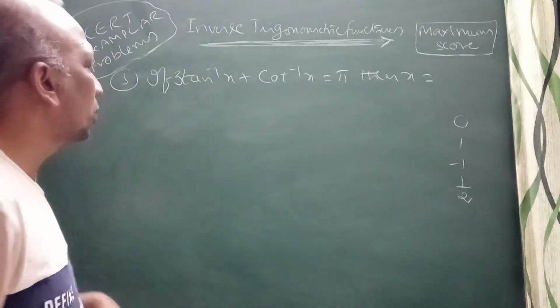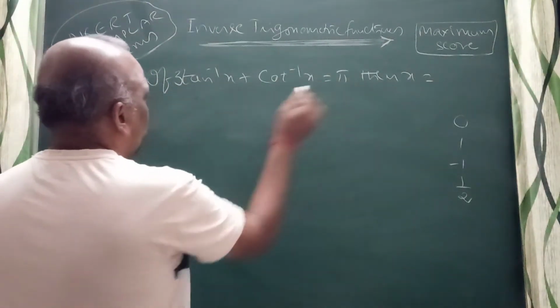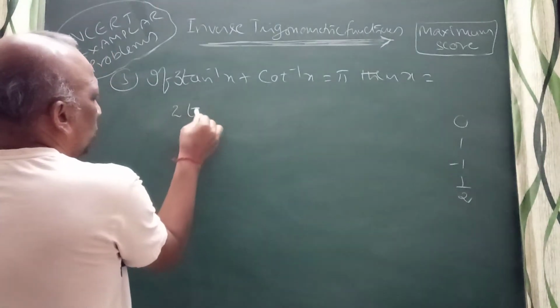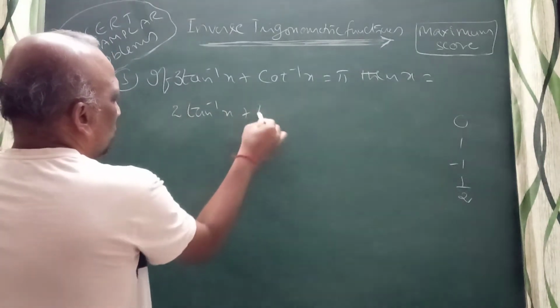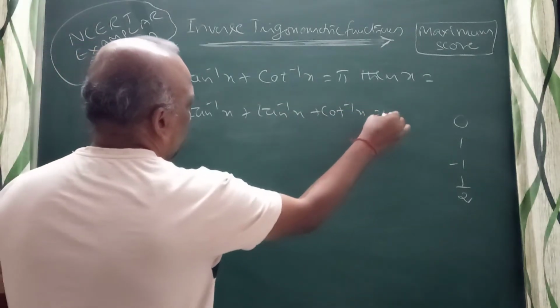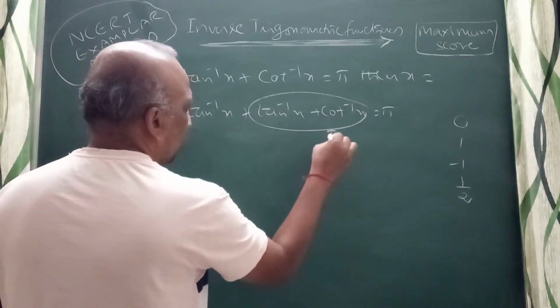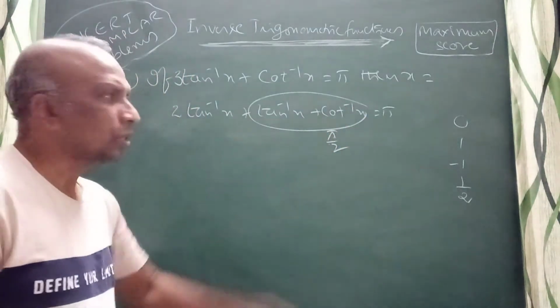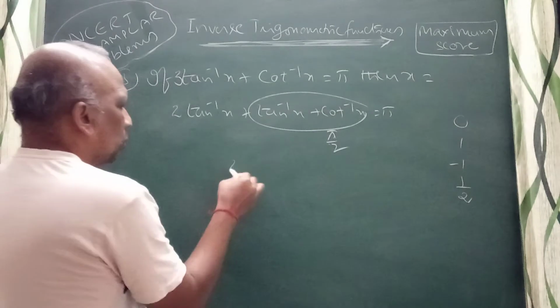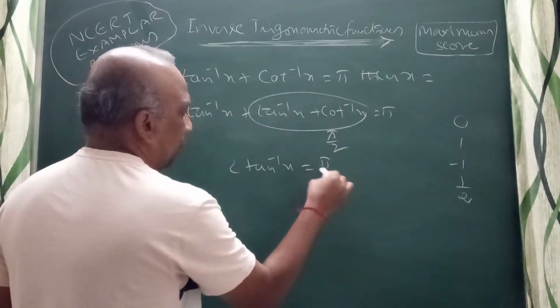To solve this one, I can write 3 tan inverse x plus cot inverse x is equal to pi. I can write this as 2 tan inverse x plus tan inverse x plus cot inverse x is equal to pi. But we know this sum is pi by 2, right? Transfer that to the other side. Then you will get 2 tan inverse x equal to pi minus pi by 2, which is pi by 2.